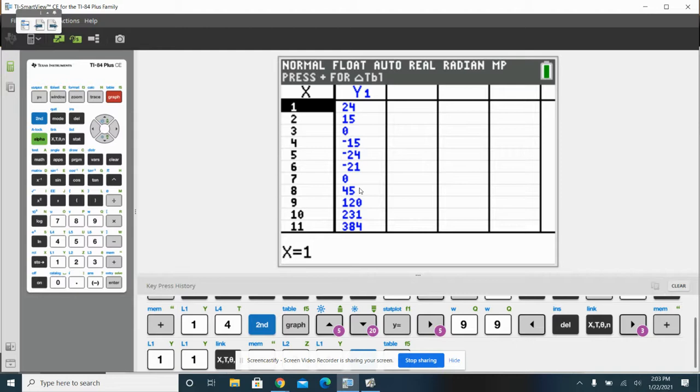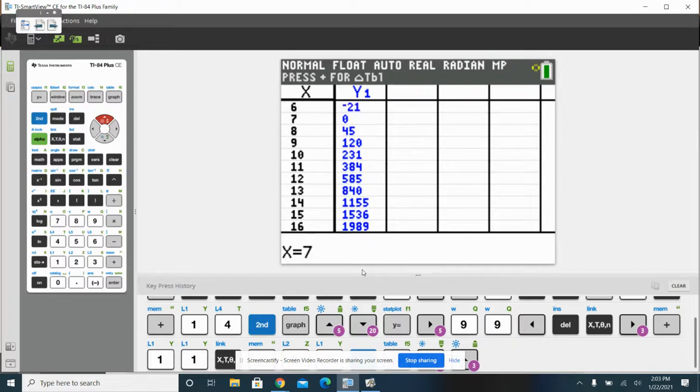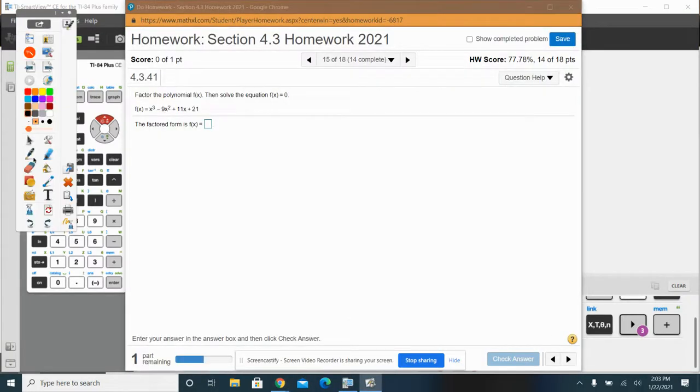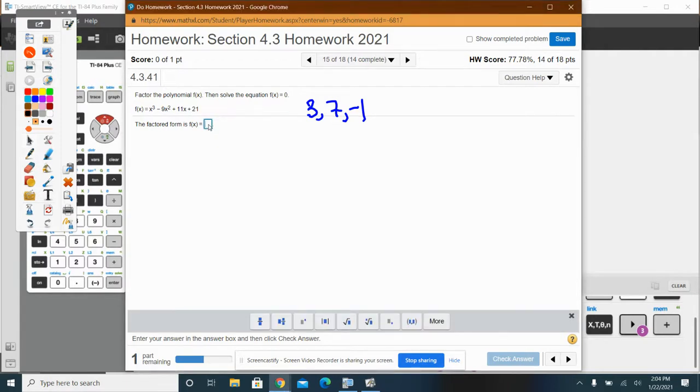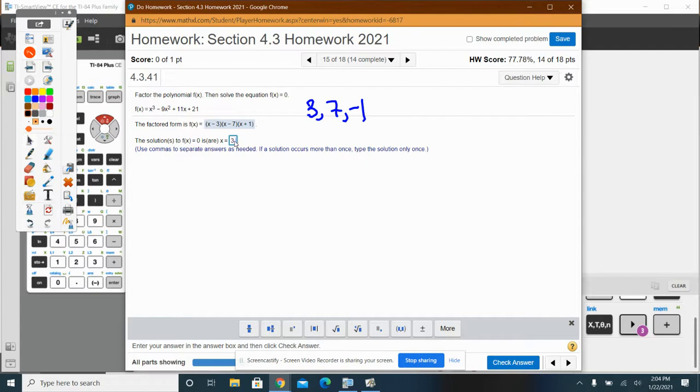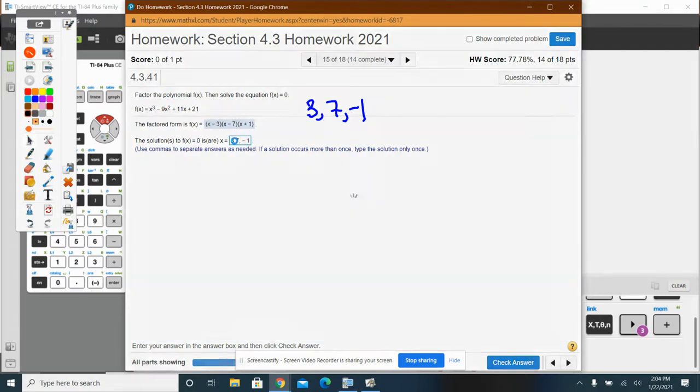There's one at 3. There's one at 7. Here's that last one. Negative 1. So I have 3, 7, and negative 1 as my zeros. So then the factors, you would just change the sign. x minus 3, x minus 7, and x plus 1. Put in those solutions. Zeros and solutions are interchangeable vocabulary. Same thing.